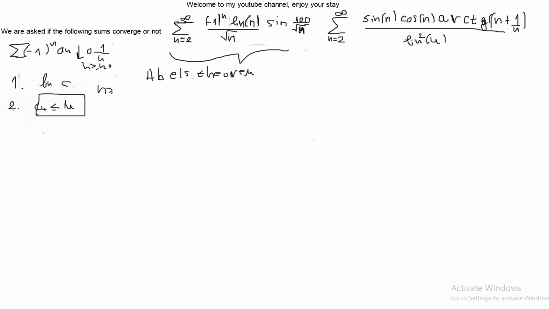Okay, this is done. When we take a look at the second example, we see that we have sine of n, cosine of n, arctangent, a lot of functions there.